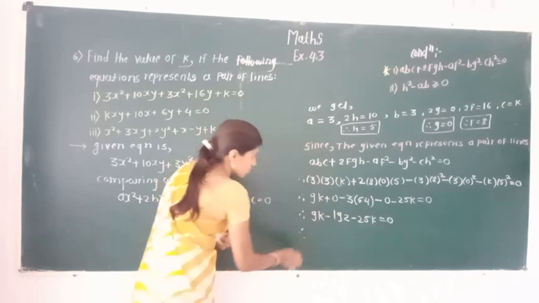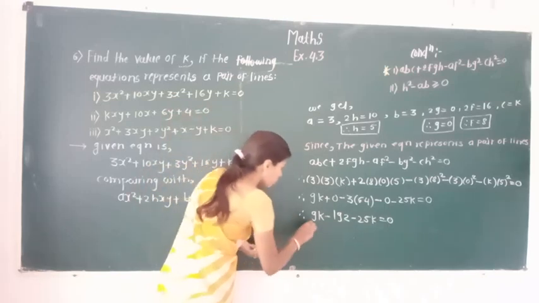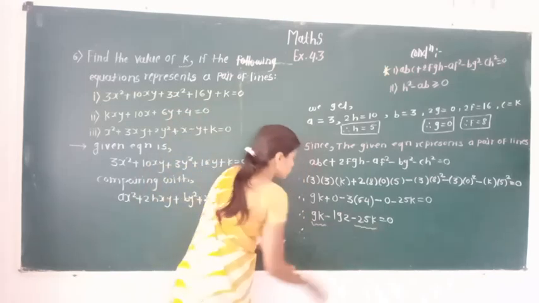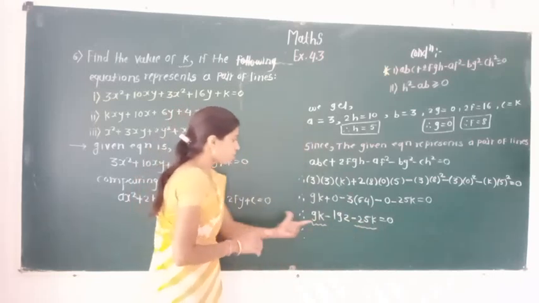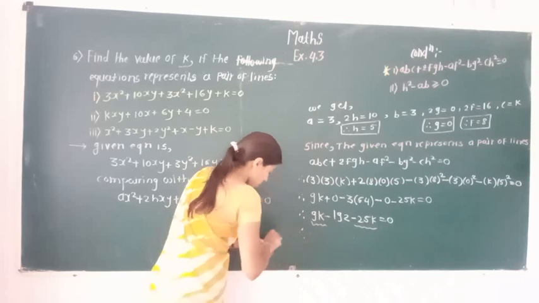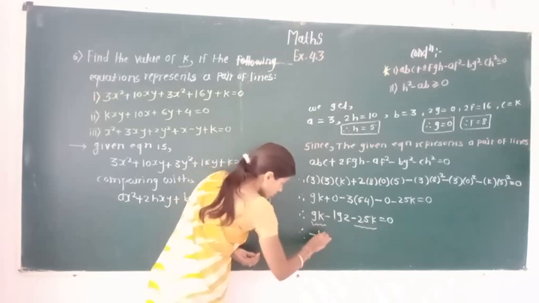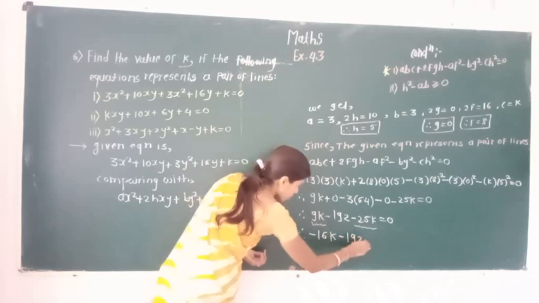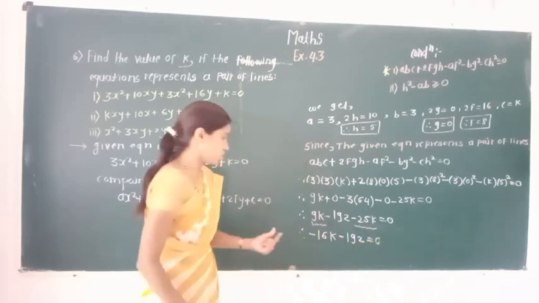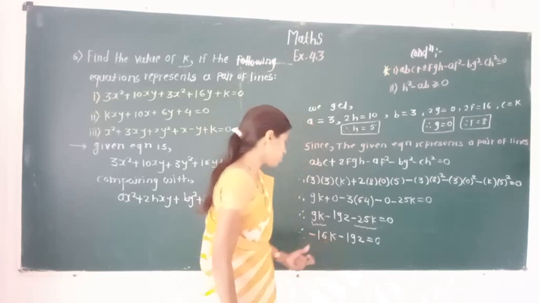Okay, now take the sum of the coefficient of k. Coefficient of k is here plus 9 minus 25, and the difference between these two terms gets here minus 16k minus 192, take as it is, equal to 0. Now simplify this condition.